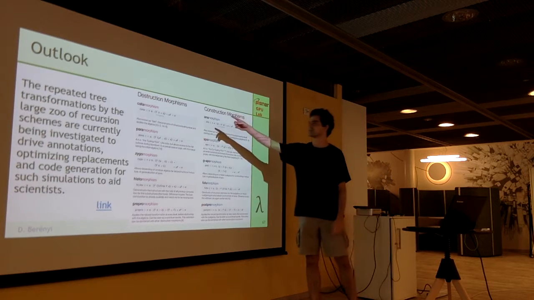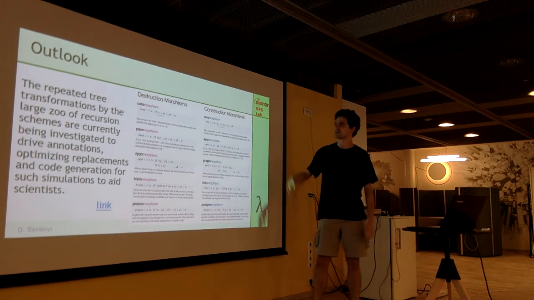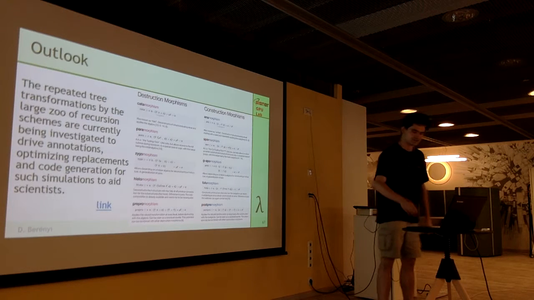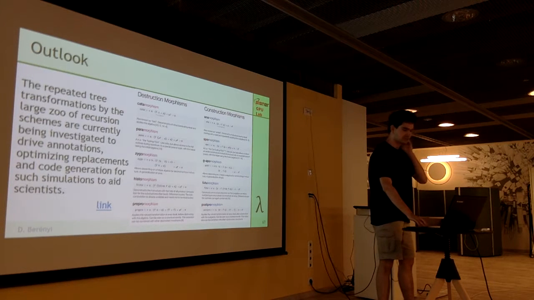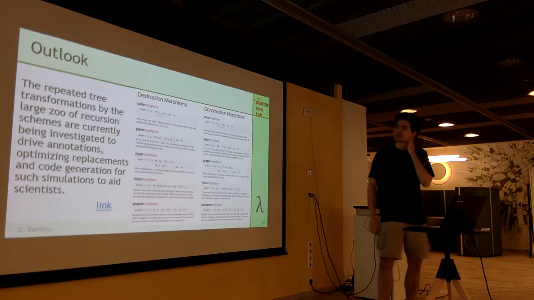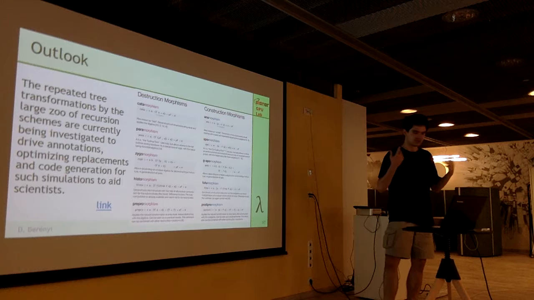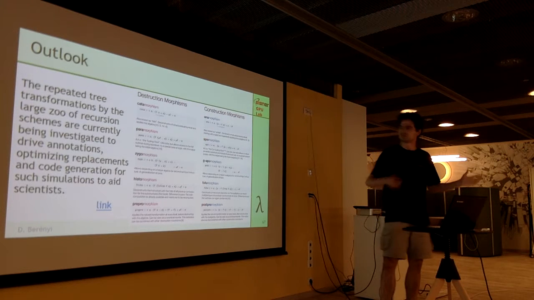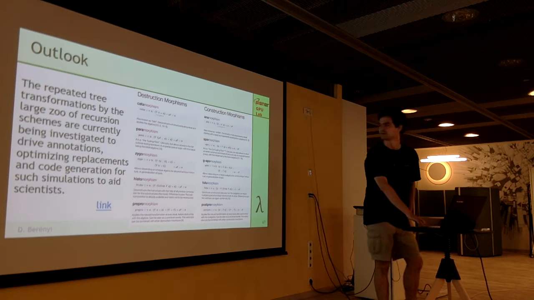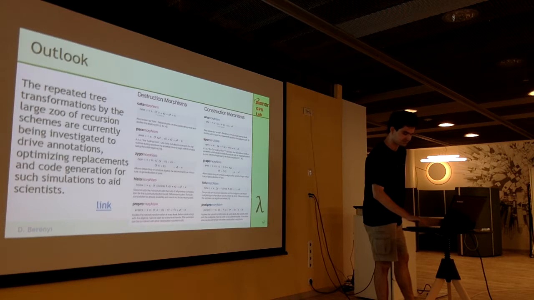We just discussed the catamorphisms and anamorphisms, but you can generalize it further, and they are good for even more tasks, and you can recognize and use them in different scenarios, and we hope that they could be the main driving force to deal with all these tree structures, do all the annotation, optimizing replacements, do the final code generation, and provide all the details that we would like to use, and we can then give all this to the scientists to work with.